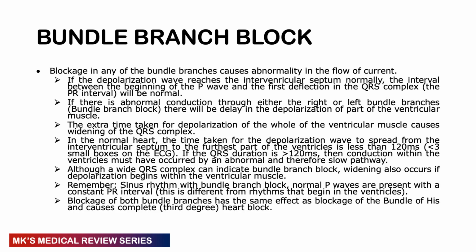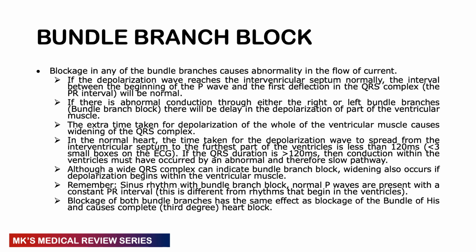So remember that if the current is flowing through these pathways in a normal manner, it means that the ECG is going to appear normal. If the current is not flowing through these pathways in a normal manner, there'll be a problem with the ECG. And remember that if the waves on the ECG are initiated from the SA node, most likely your QRS complex is going to be narrow.